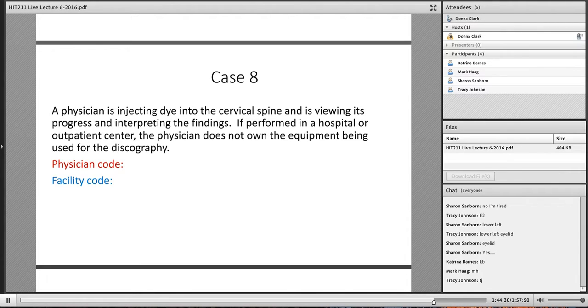Read that, and then we're going to wrap up. So this is a radiology. And so what's the radiology procedure being done? Let me help you guys out. All right, let's see. So where are we gonna go? You want to do injection, or you want to go to radiology?